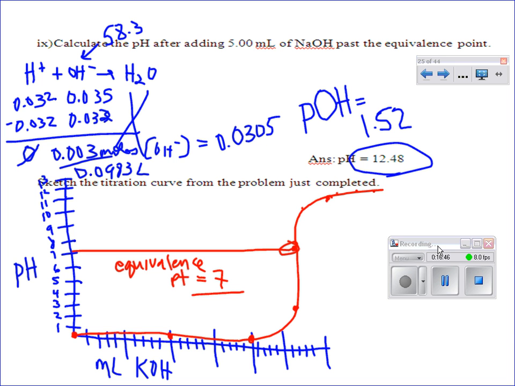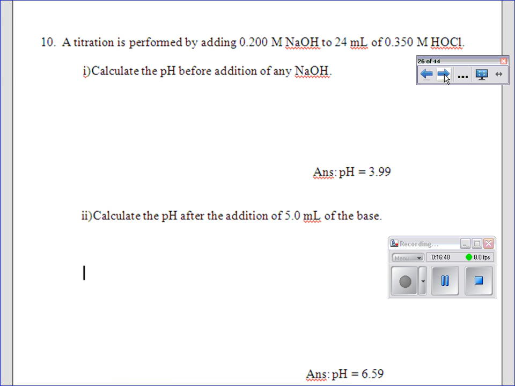All right. Next one. Now we're going to try the other situation. If you look, we have a strong base, but what's up with our acid? Weak. I'm going to call it HOCl, hypochlorous acid, the hypochlorite ion. So we are going to do a strong-weak or a weak-strong.